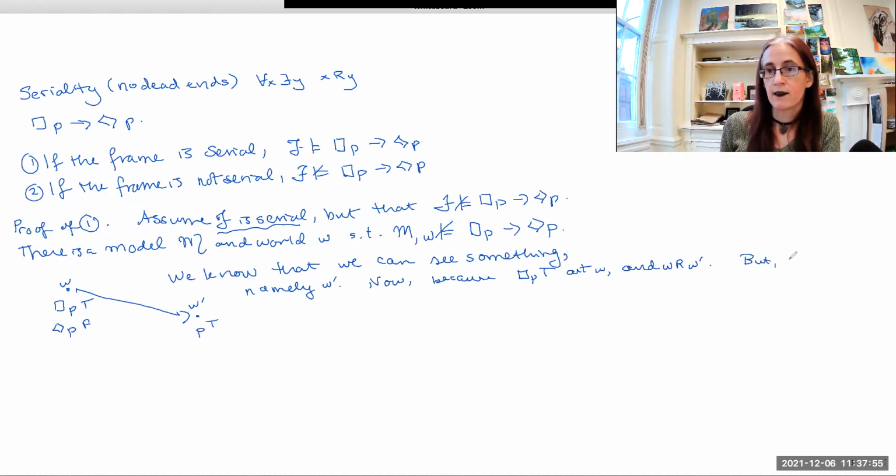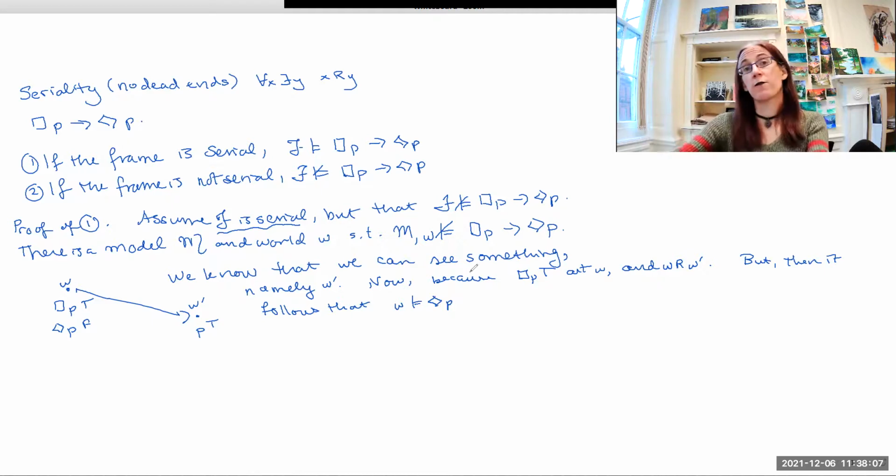But if P is true at W prime, it follows that P is possible at W. So necessity propagates forward, possibility propagates backwards.